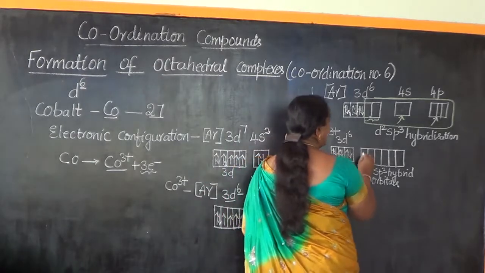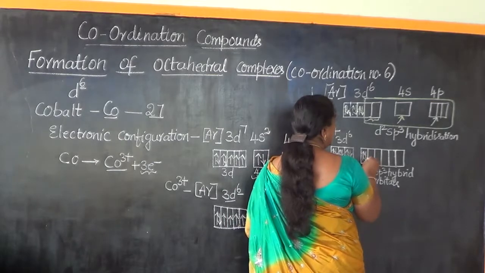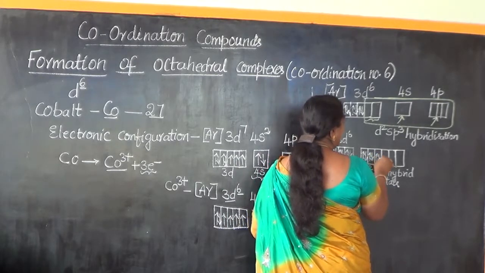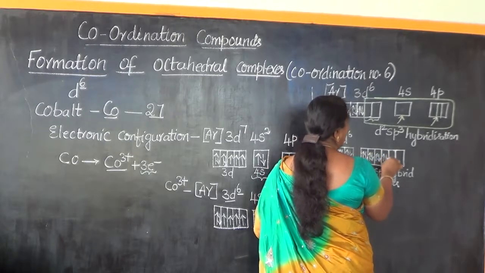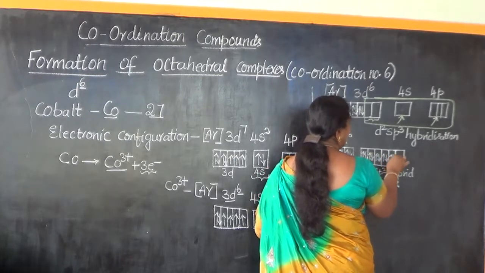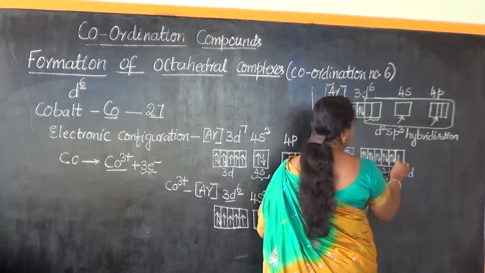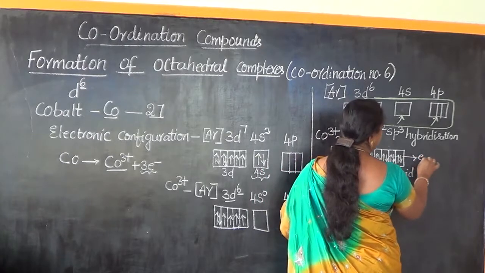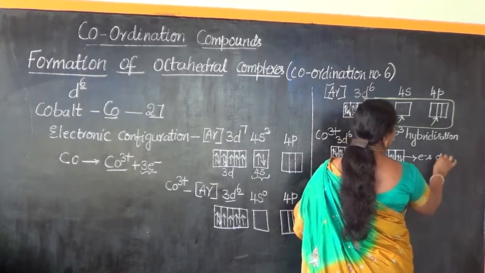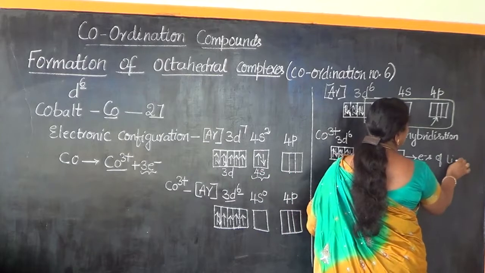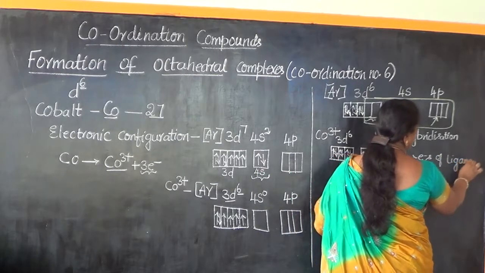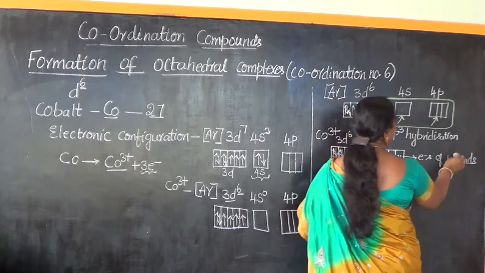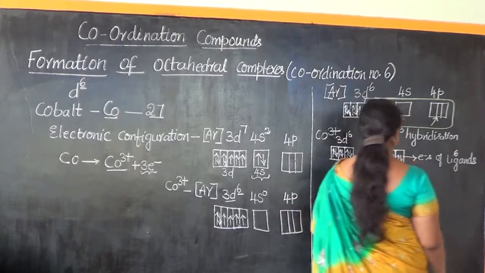So let me just write. From where did they get these 2 electrons? These are the electrons donated by 6 ligands, each ligand donating a pair of electrons. So these are the electrons of ligands. These are the electrons of how many ligands? 6 ligands.